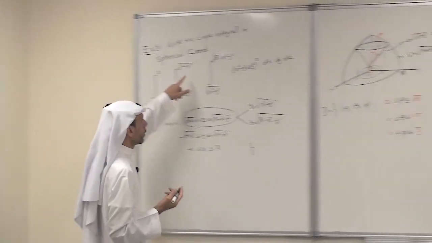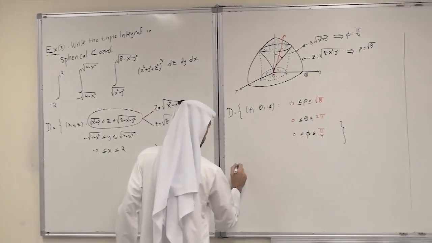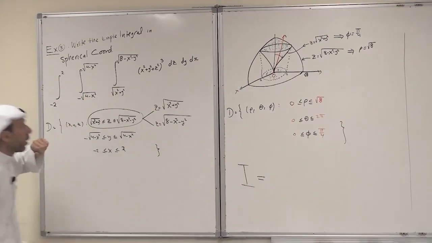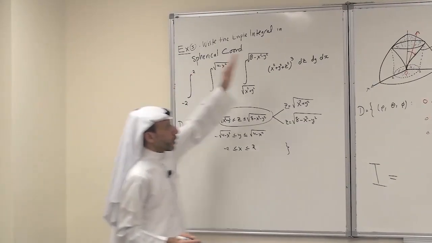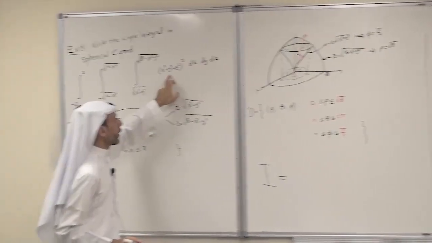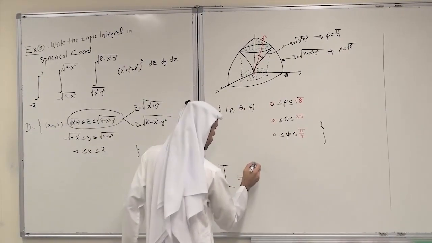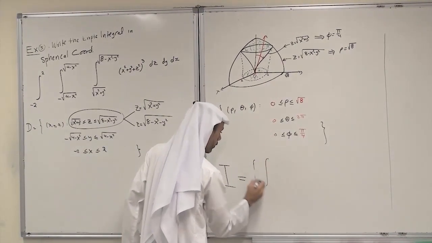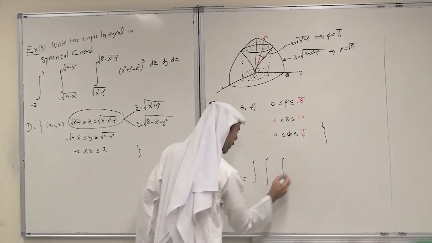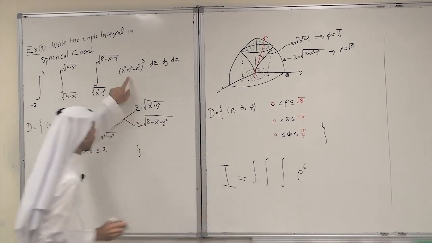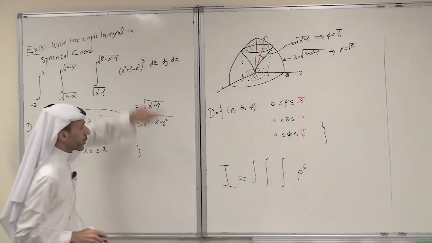Now, for the given integral, to change it to spherical coordinates, I have to change the integrand. This is rho squared to the power 3, it becomes rho to the power 6.